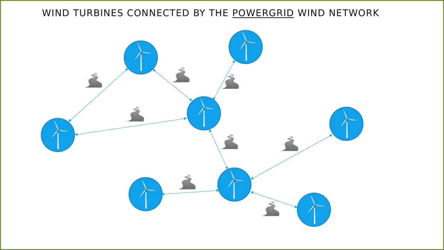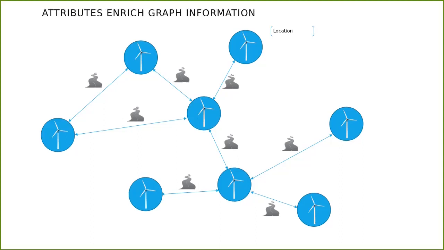And as real-world problems usually are, they come with much additional information that can be encoded, for example, into the node's attributes. And the content can be anything relevant to the problem, such as the location, the nominal power, the wind direction, and so on.